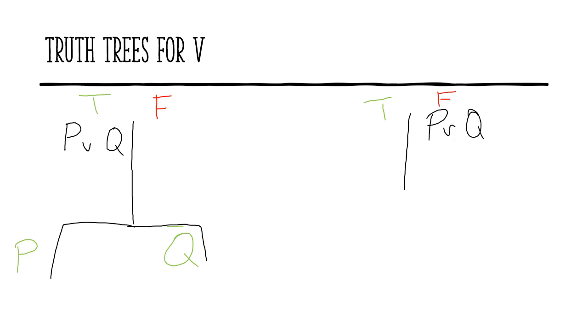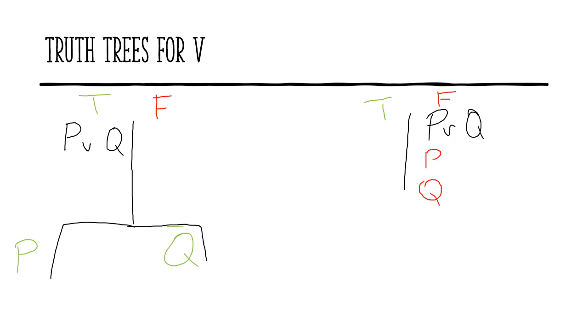The instance in which the statement P or Q is false is wherever P and Q are false, where both sides of the disjunction are false. So we will put our P here and our Q here.